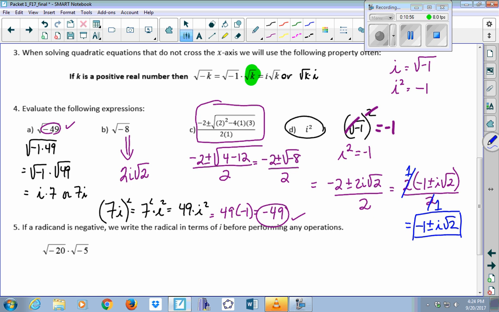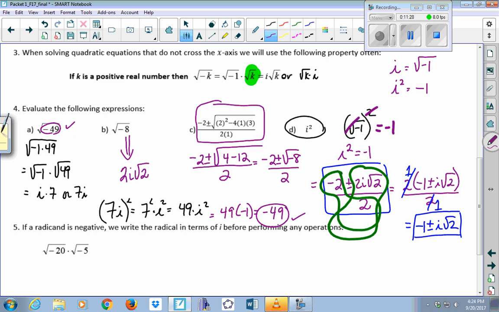Another approach is to recognize that this is a single fraction. To get this fraction, I look in my numerator and I see that I had to add two fractions and subtract two fractions. And I know that when I add and subtract fractions, I have to have a common denominator. So both of the pieces in the numerator, we call those pieces terms, both of those terms had to have 2 as their denominator.